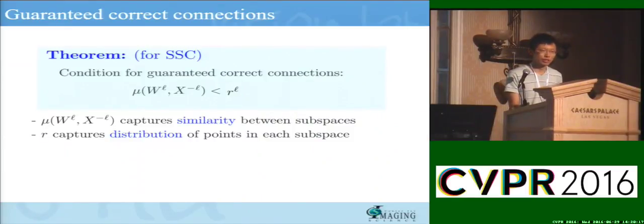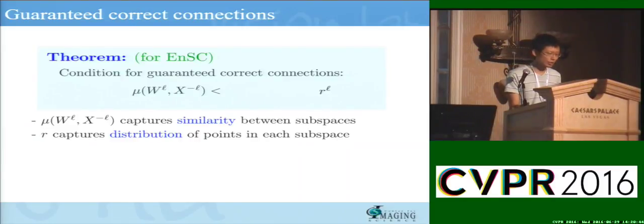And more specifically, we establish the conditions under which the ENIC is guaranteed to give correct connections. Let's start from the condition for SSE, which appeared in the first talk. The condition for guaranteeing correct connections for SSE for both BP and OMP is listed here, in which the left-hand side is the similarity between the subspaces, and the right-hand side is the distribution of points in the subspace.